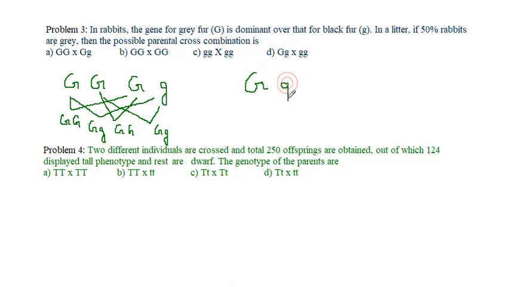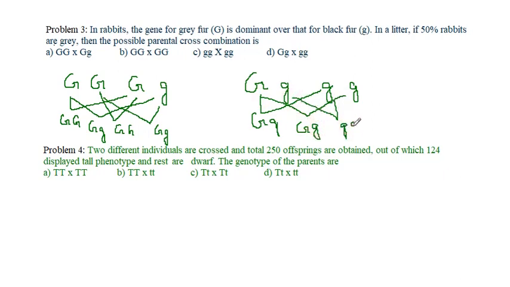Capital G, small g is crossed with small g and small g. Capital G crossed with small g gives capital G, small g. Capital G crossed with small g, capital G, small g. Small g, small g. And again small g and small g.